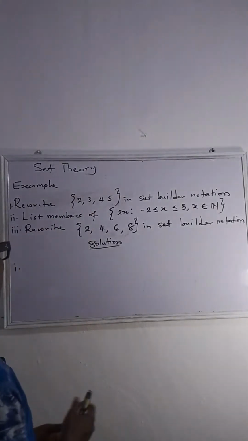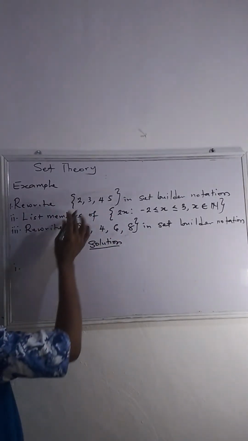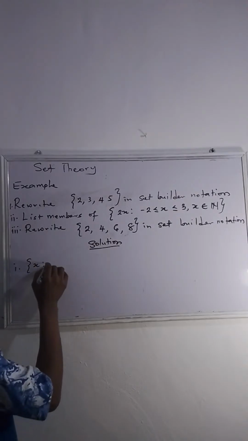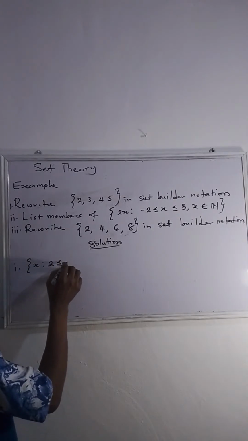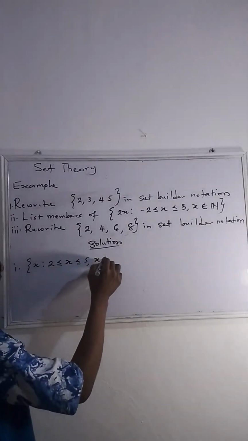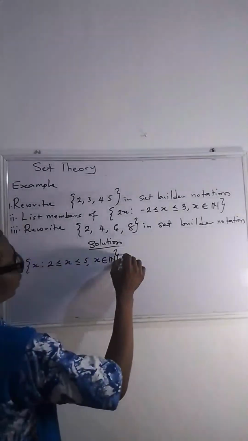So now if I want to write, there are several ways of writing this. I can write this as the set of x such that 2 is less than or equals to x, less than or equals to 5, and x is contained in natural numbers.